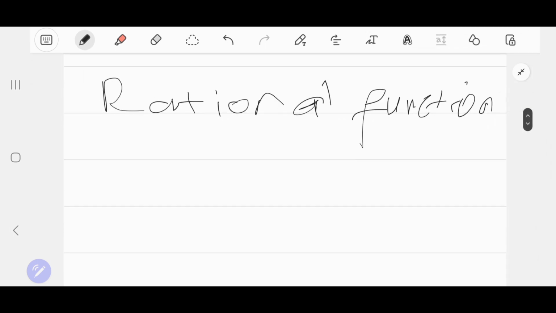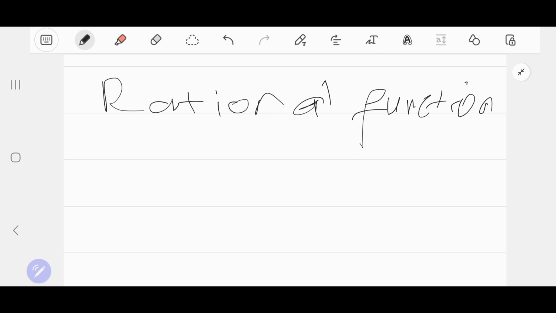A rational function. So please, people, you need to know what is a rational function.